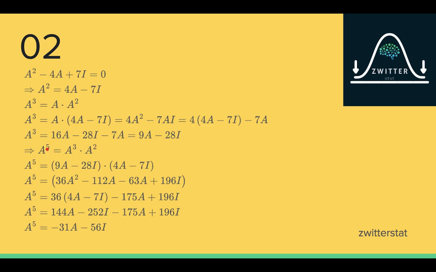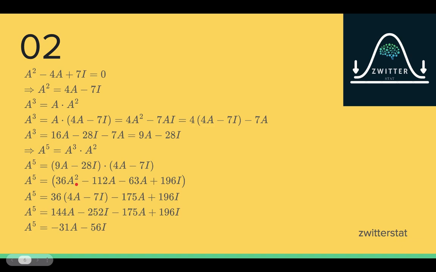Now I know A to the power 5 is A to the power 3 into A to the power 2. So I can write A to the power 5 as the value of A cube, which I have calculated as 9A minus 28I, and the value of A square, which I have calculated as 4A minus 7I. So we will now start multiplying these two expressions and we will get 36A square minus 112A minus 63A plus 196I.